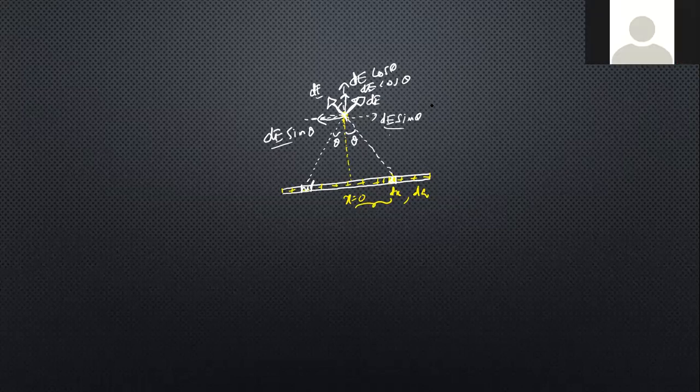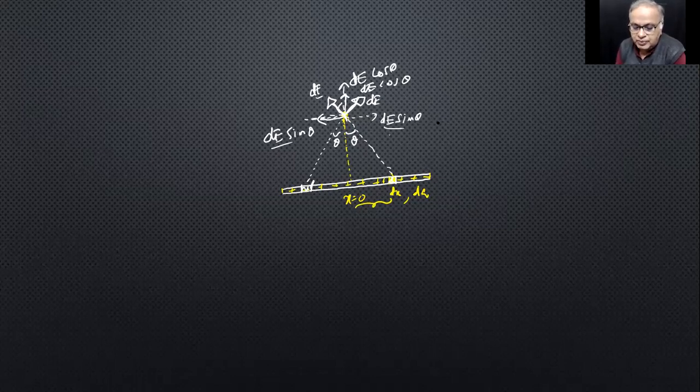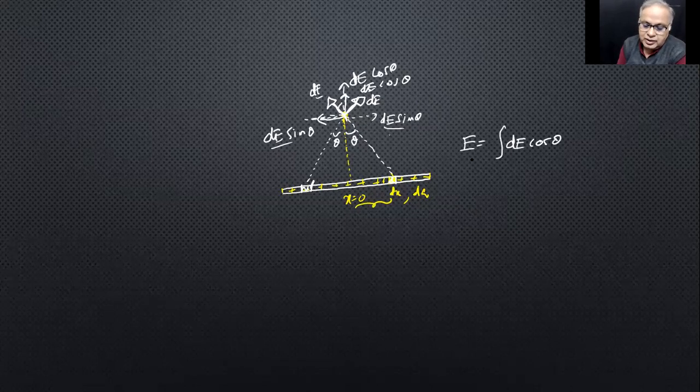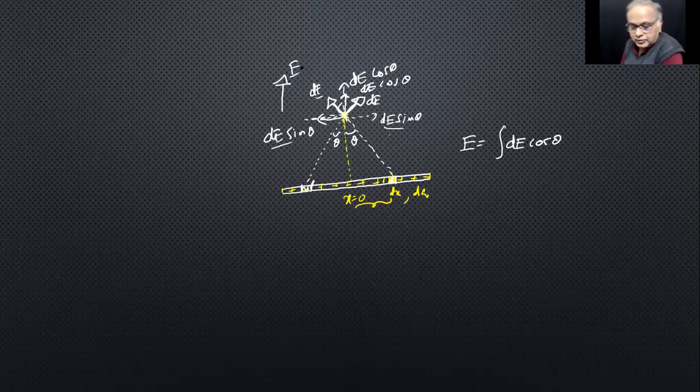But now in advance, we can decide that the horizontal components cancel out. So only the vertical components remain. So the total E will be integral dE cos theta. This is the magnitude way I'm doing. Direction is already known: if it is a positive charge, it is away from the positive charge as a whole.